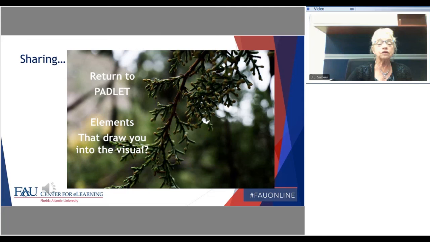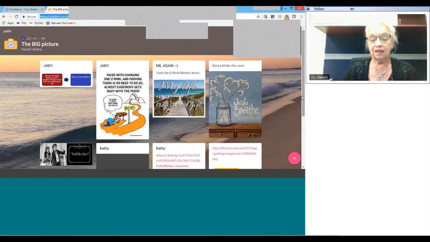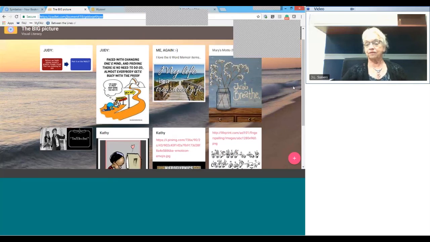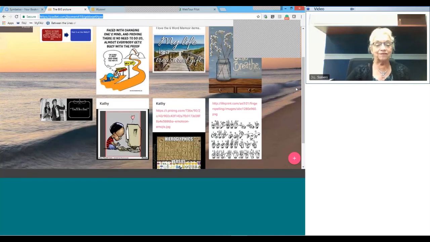So let's take a look at the Padlet, and we'll think about the elements within it that draw you into the visuals. So I'm going to go back over and go into the Padlet. And so there's You'll Be a Star.